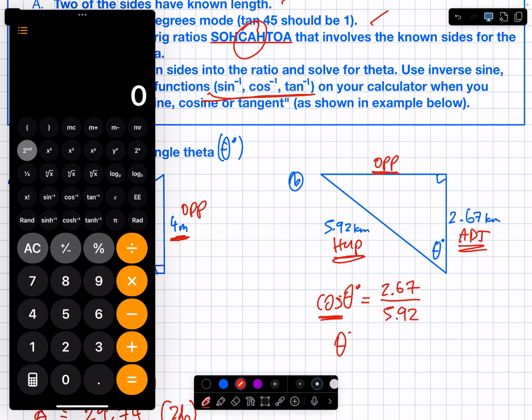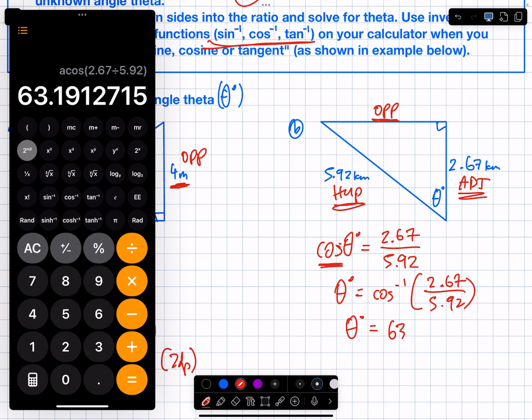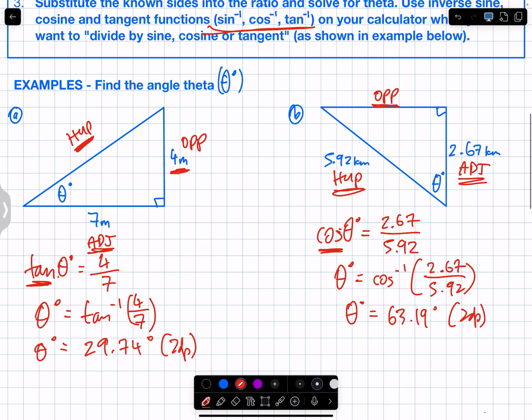So theta is going to be cos -1, 2.67 over 5.92. Theta is going to be cos -1, 2.67 divided by 5.92, 63.19 degrees to 2 decimal points. That's how you find the angles.